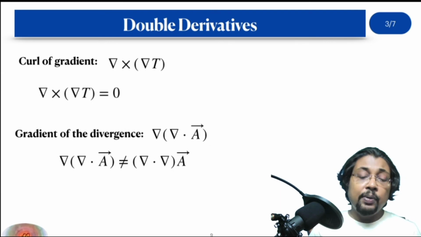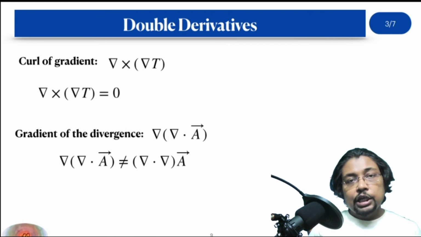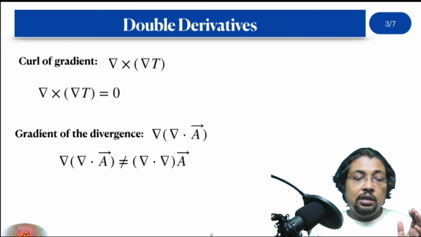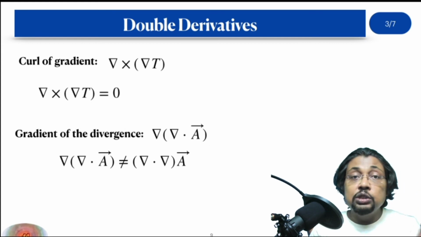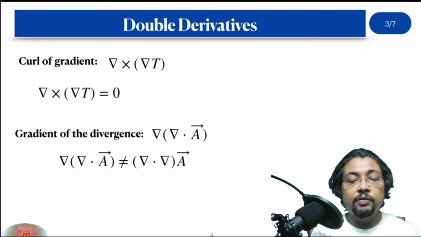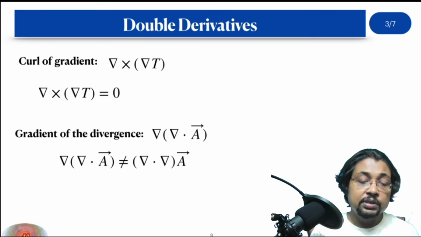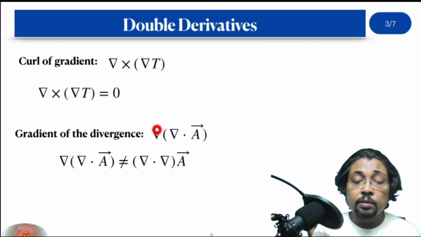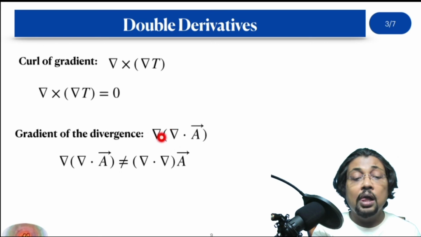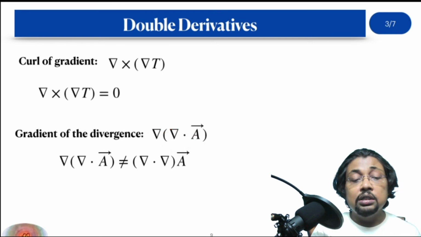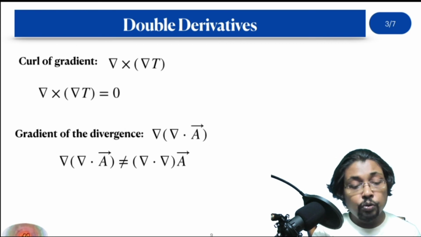Now when you apply the gradient over there, you want to know along which direction the vector is changing with maximum rate. So that's why the gradient of divergence appears in the picture. But obviously this must not be equal to del dot del a, because that is the divergence of the gradient. So both of these two are opposite in nature.